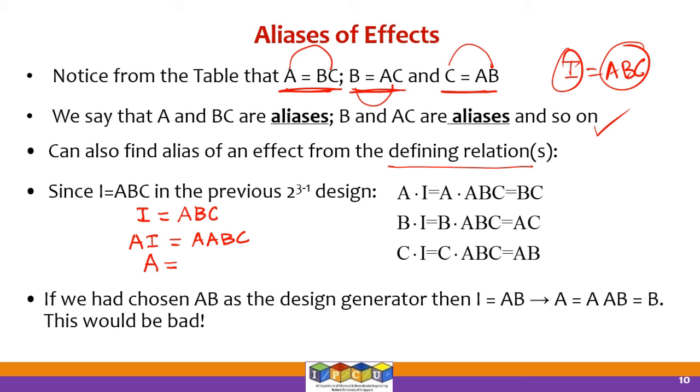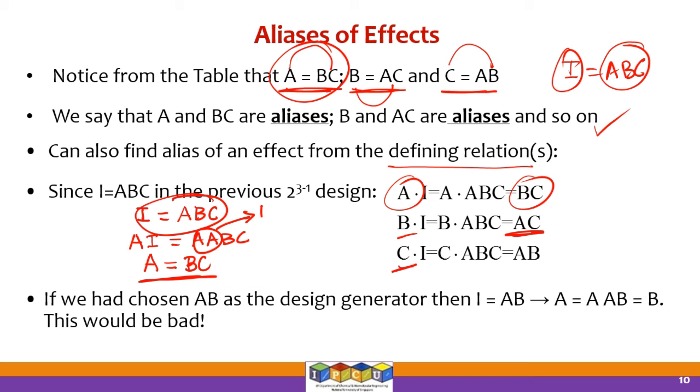A is either plus 1 or minus 1, so A squared will always be plus 1. So we get A is equal to BC, and that is our alias. Likewise, by multiplying the defining relationship with B on both sides, you can show that B is aliased with AC, and C is aliased with AB.